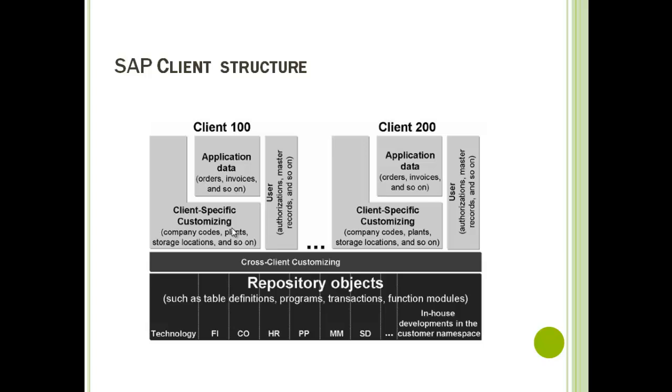Meaning, if you create a company code in 100 and the users work on client 100, this company code, these users, this database will not be available in client 200. So if you want to separate one company from a different company, you can do it at the client level. You can do it at the authorization level, but if you want to separate the entire thing, one set of company codes in one client and another set in another client for another identity, you can have them in different clients.